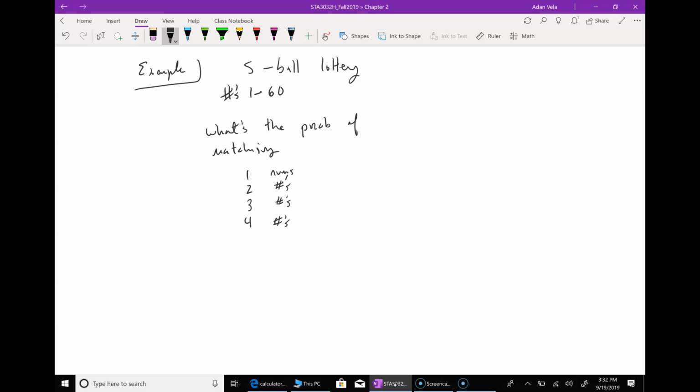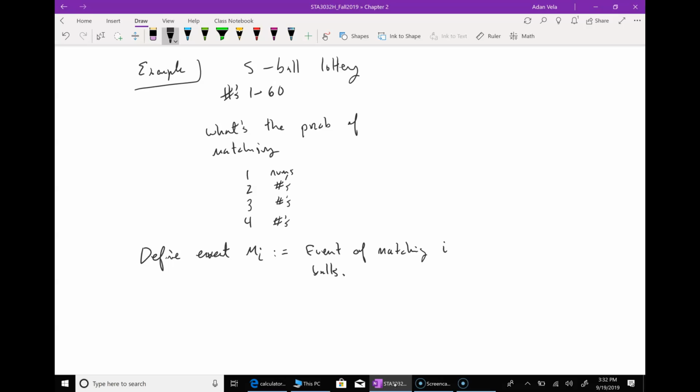Okay. So the way we're going to start is we're going to define the event. Here I'm going to define this event M of I, where M of I is the event of matching I balls.